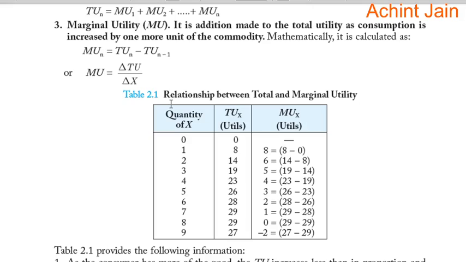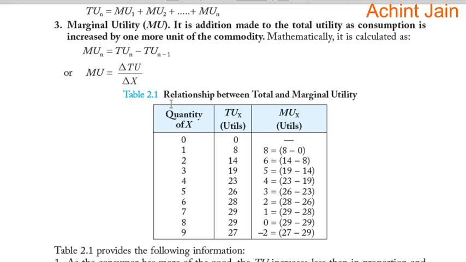A consumer gets a satisfaction of 30 utils from consuming his first cup of ice cream. After consuming his second cup, his total utility rises from 30 utils to 50 utils. Then the MU of the second cup is 50 minus 30, that is what?